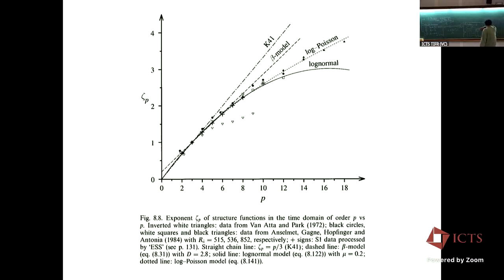I won't go through the details of the calculations again, but just to remind you that when we put in this factor, which gave rise to some factor phi at the nth generation, which gives me the fraction of stuff which is active, when the dust settled we found an expression for the same scaling exponent, which is pure Kolmogorov, p/3, but with a correction which depends on the dimension D on which my cascade is accumulating.